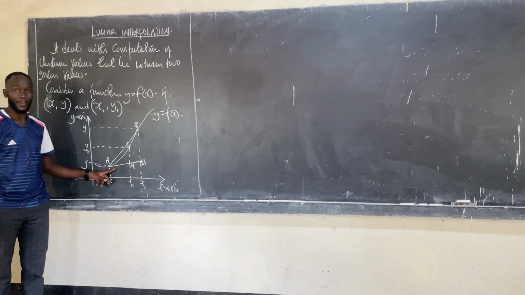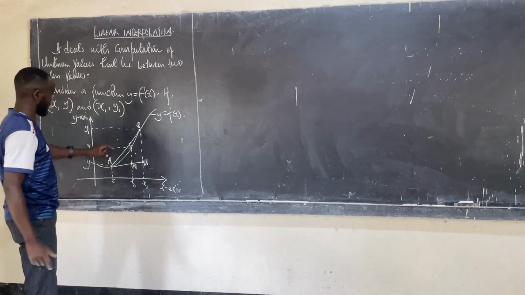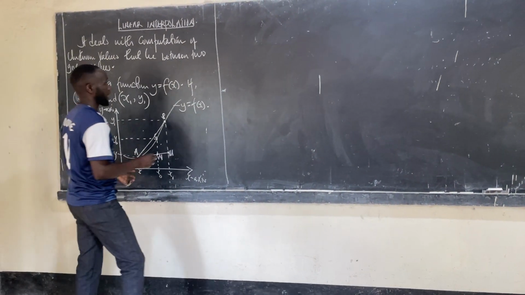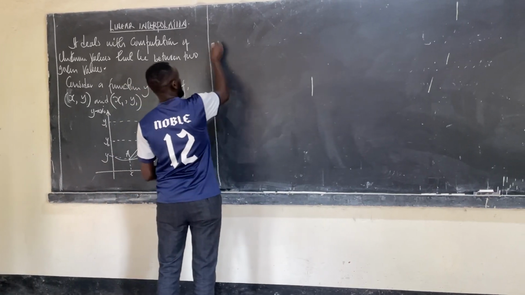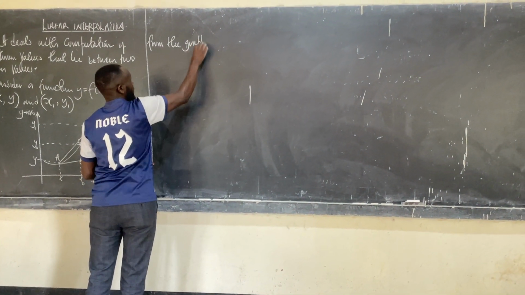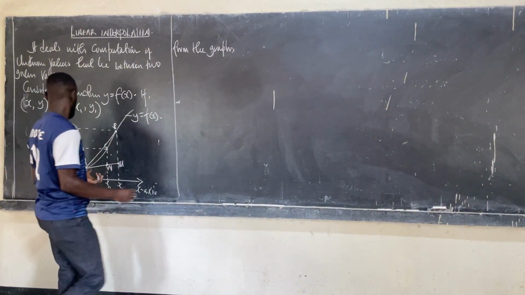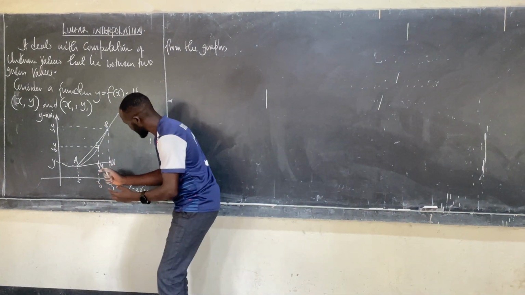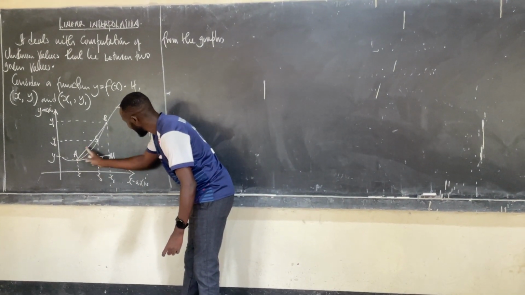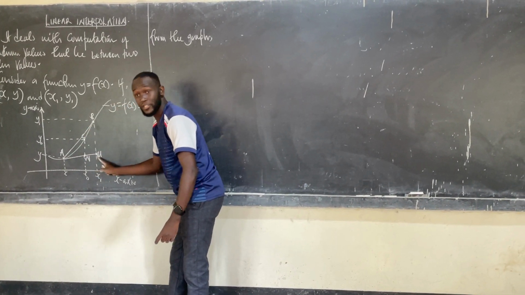If you have these two triangles, now we use similarity of figures to express the gradients. From this graph, ACN is a triangle, and ABM is also a triangle.